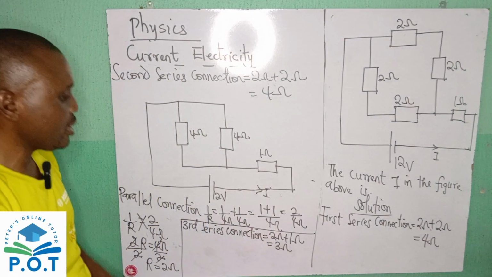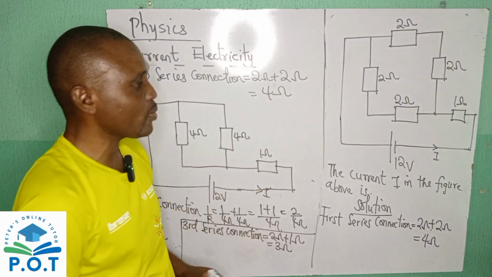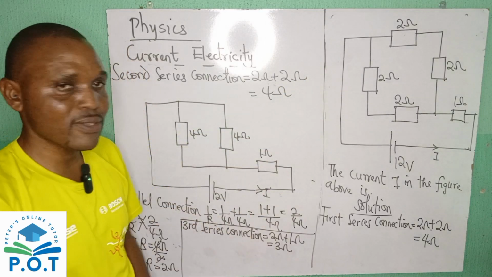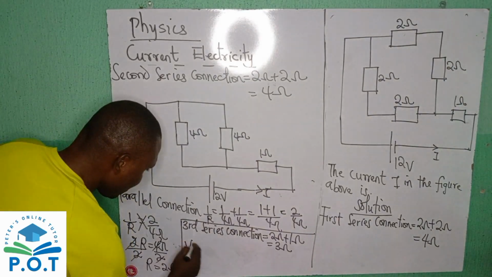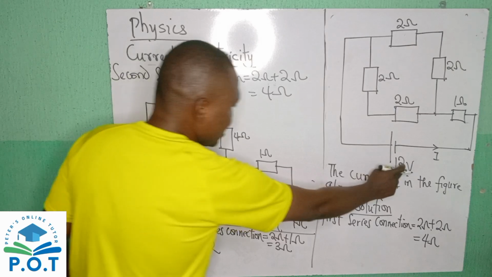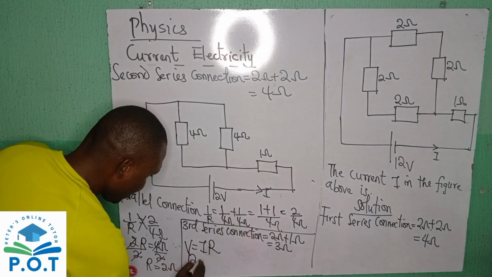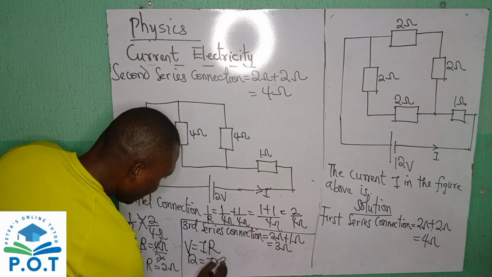So the total or the effective resistance in this particular diagram is 3 ohms. Now go back to Ohm's law, V equals IR. Our V there is this 12 volts. Then we're looking for I times our R, which is the total resistance.